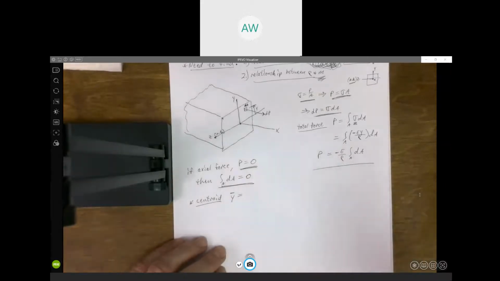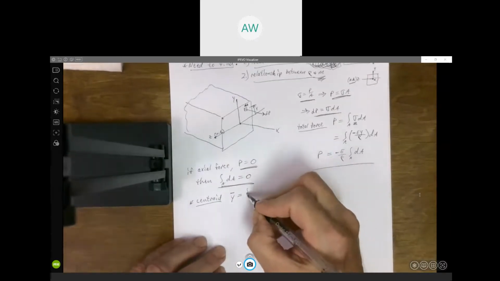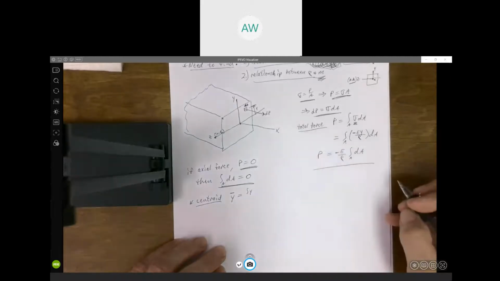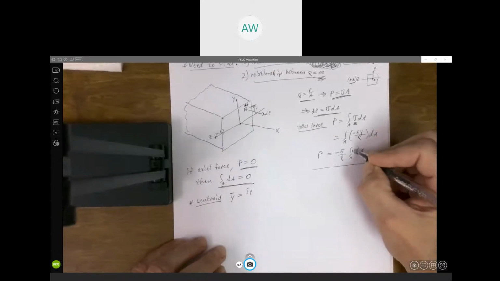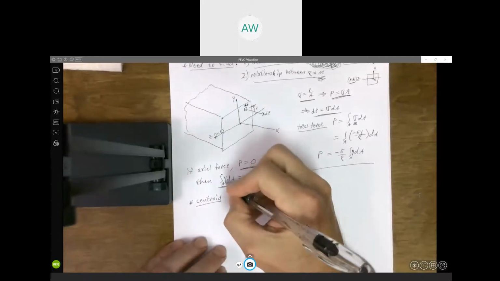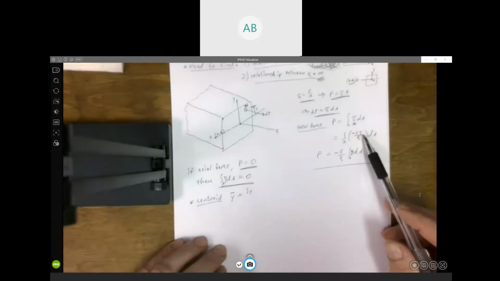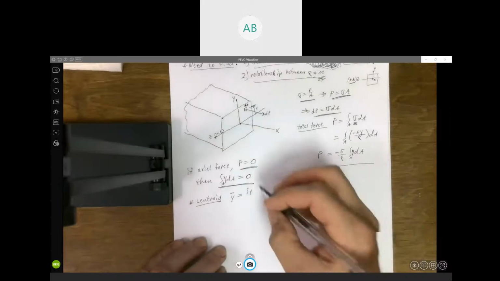But the centroid location is the integral of y dA. Oh, I left my y out up here. I knew something went right. I factored out the E and the rho, but I left my y out. You're all supposed to pay attention and catch things like that and speak up. So we factored out the E and the rho, and we still had a y left. I just didn't write it down. It magically disappeared.